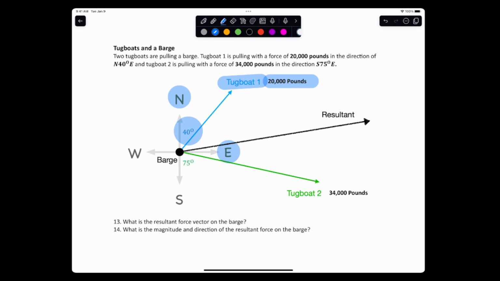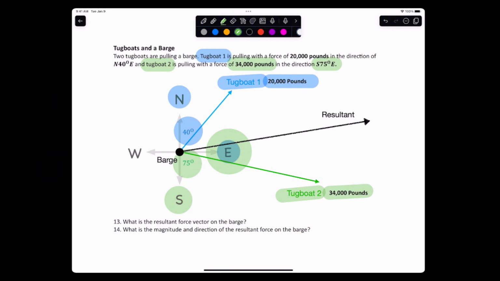And then in green, they say here's another tugboat. So here's tugboat 1, and in green, you got tugboat 2. That's pulling with a force of 34,000 pounds. And what's the direction? South 75 degrees east.